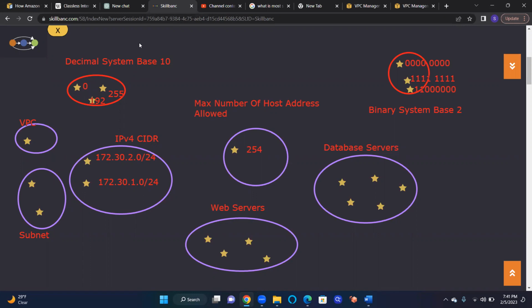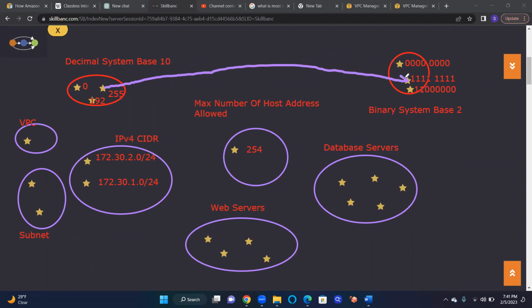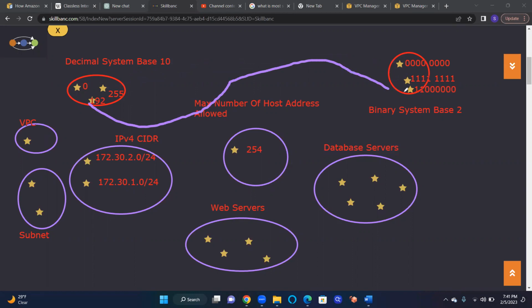0 in decimal is 0 in binary. Okay, we're talking 8 bits. 255 in decimal is all ones. 192 is 11000000.